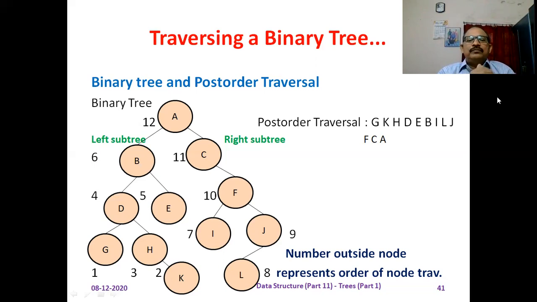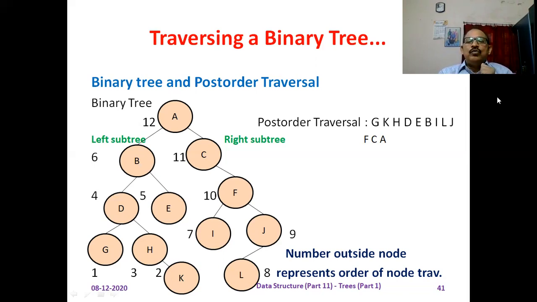Now control goes to the right subtree of node F. The root node is J. The control goes to the left subtree of J, that is node L. Here the left and right subtrees are both empty. Therefore, L is printed on the screen.